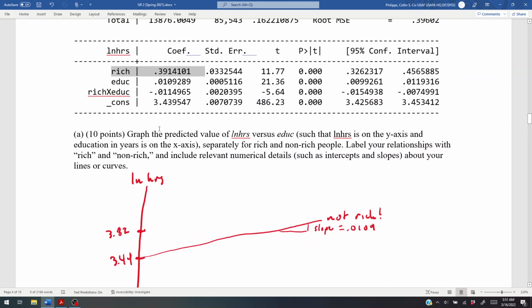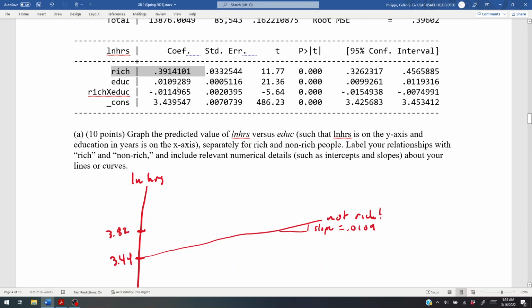Then what? Well, as education increases, my log of hours goes up by 0.0109 each time education goes up by 1. But because rich is equal to 1 now, and education is going up by 1, it goes up by 0.0109, but it also goes down by 0.01149 something.